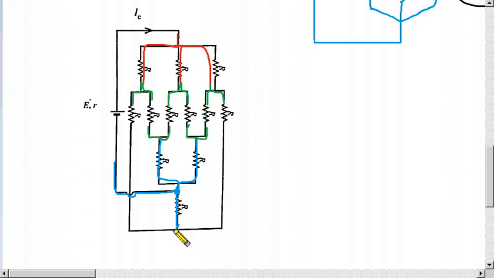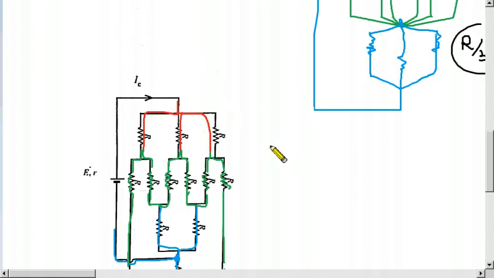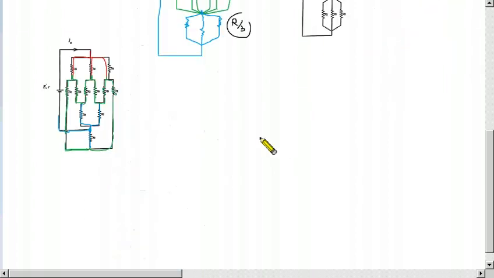This one is the end, there are 2 branches like this. So in between those 2 branches there are green color resistors like this. So do you see the same diagram as previous?